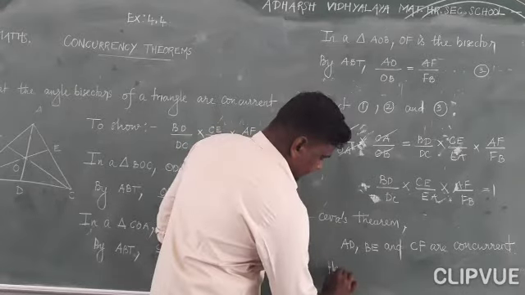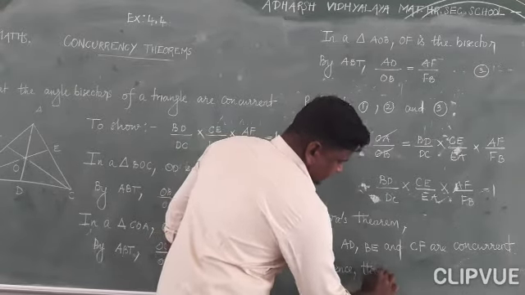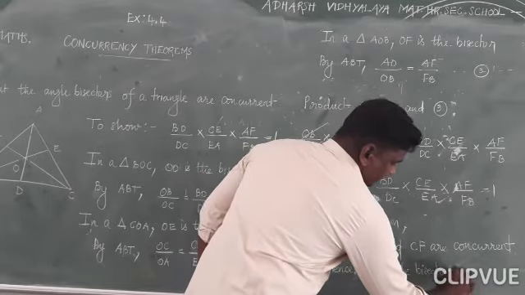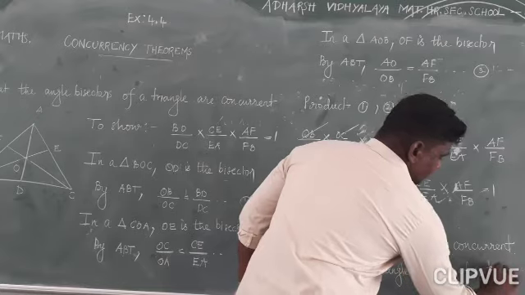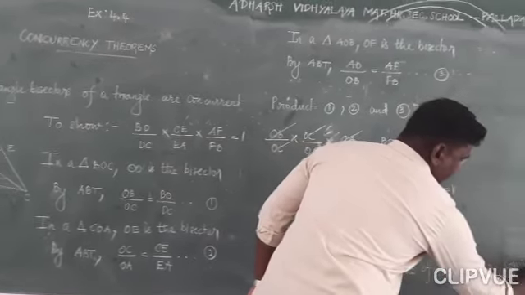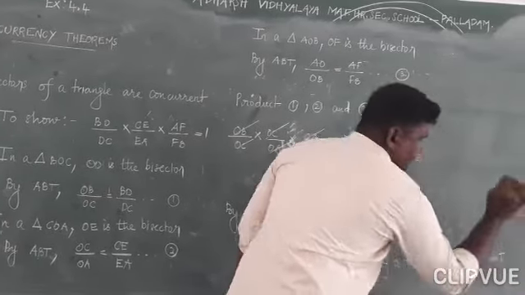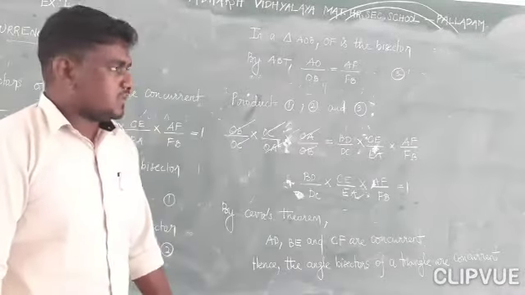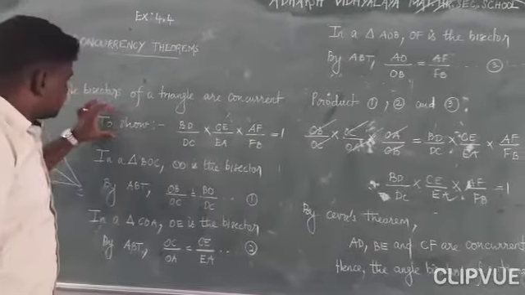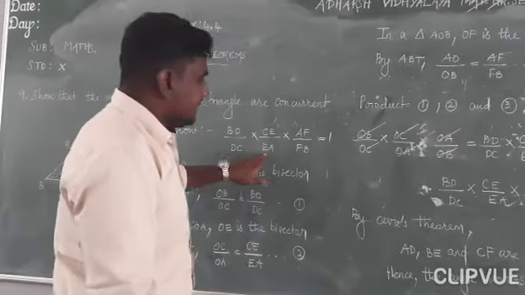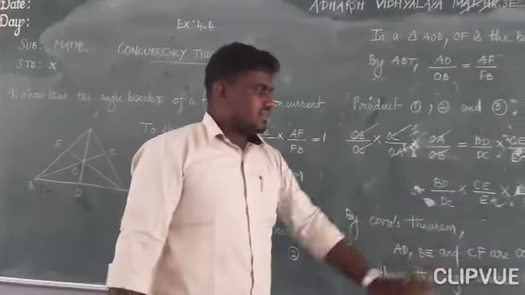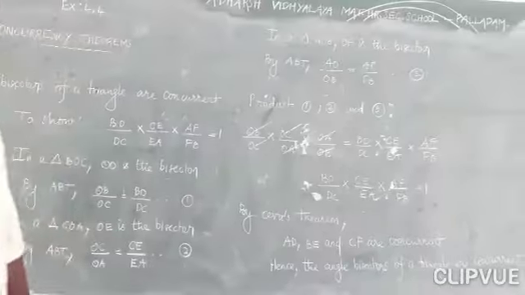Therefore, hence the angle bisectors of a triangle are concurrent. Hence it is proved. It is one of the important 5-mark questions, done using Ceva's theorem. Already I have written here, to show BD by DC into CE by EA into AF by FB equal to 1. If it satisfies this, we can say the angle bisectors of a triangle are concurrent.